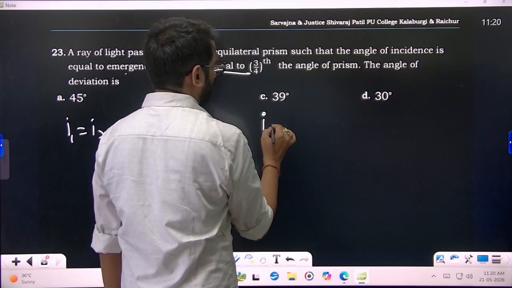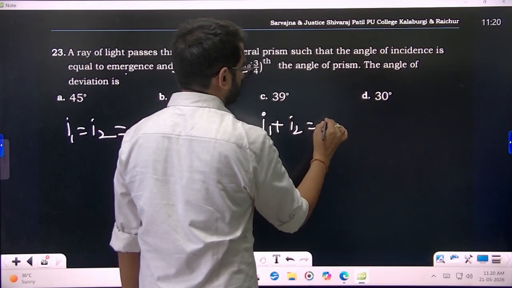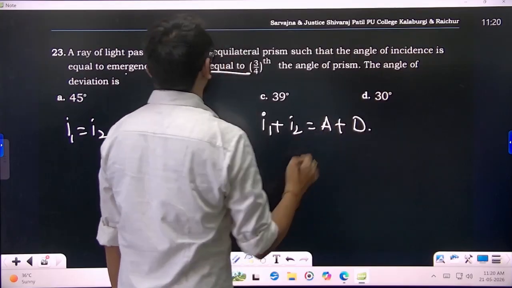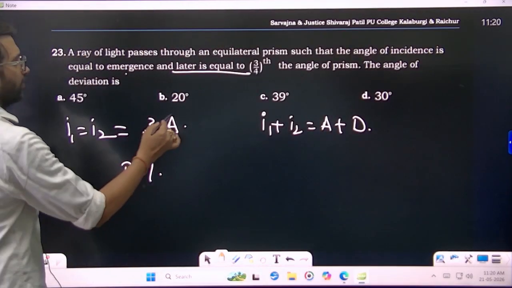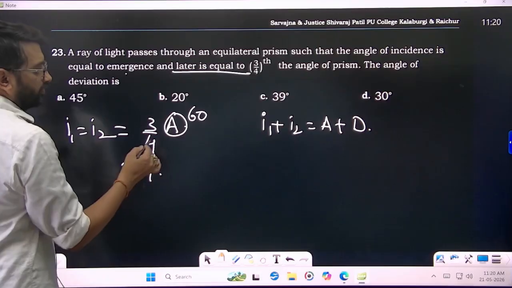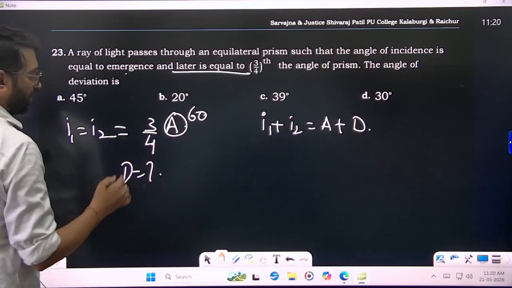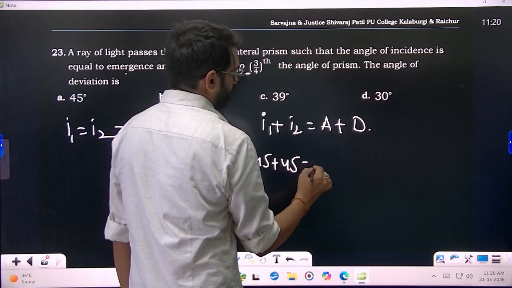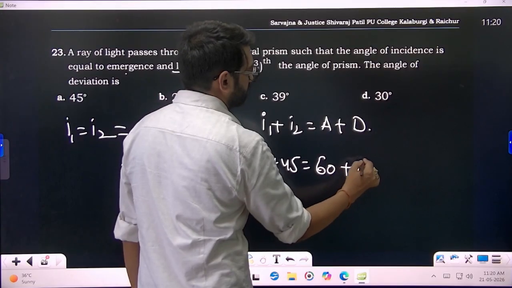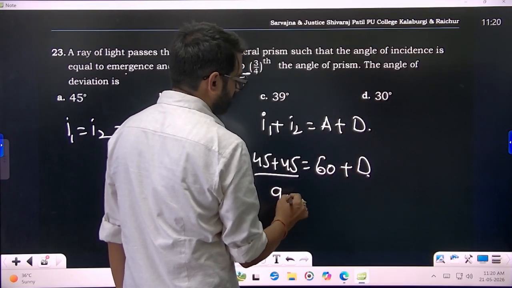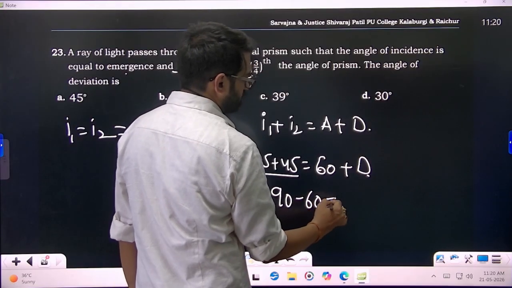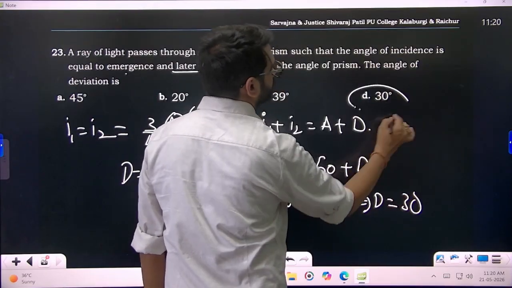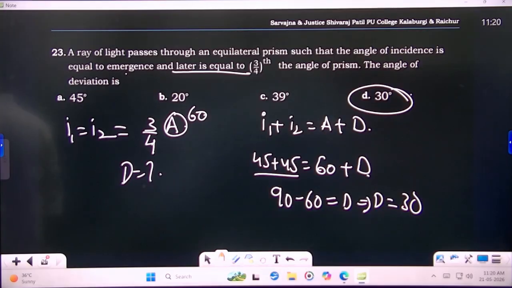As we know the formula, I1 plus I2 is equal to A plus D. Equilateral prism, so A is equal to 60. So this one will be 45. I1 and I2 will be 45. So 45 plus 45 is equal to 60 plus D. This is 90 minus 60 is equal to D. So D is equal to 30.